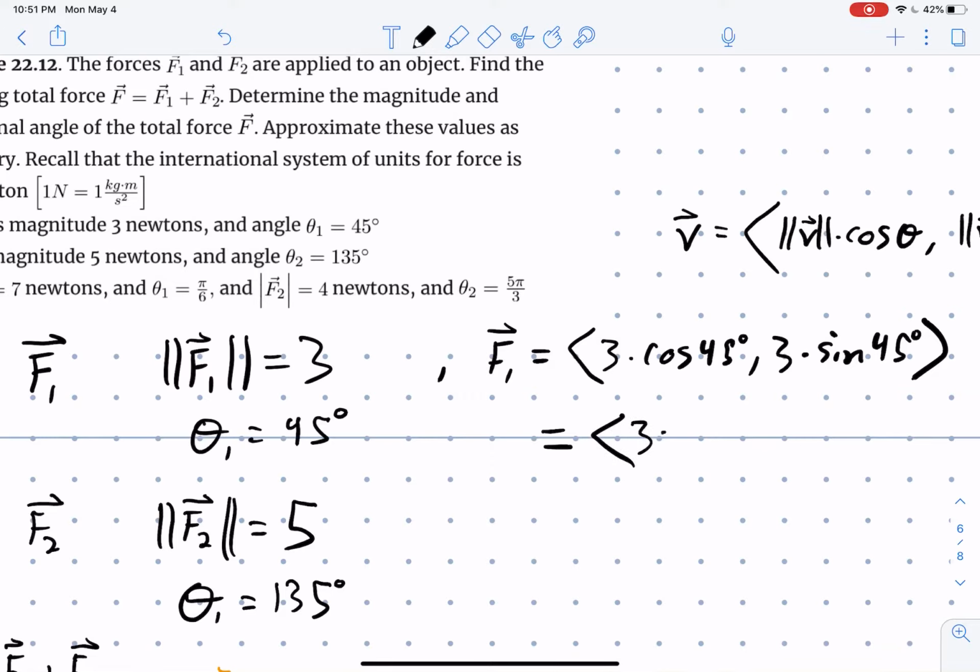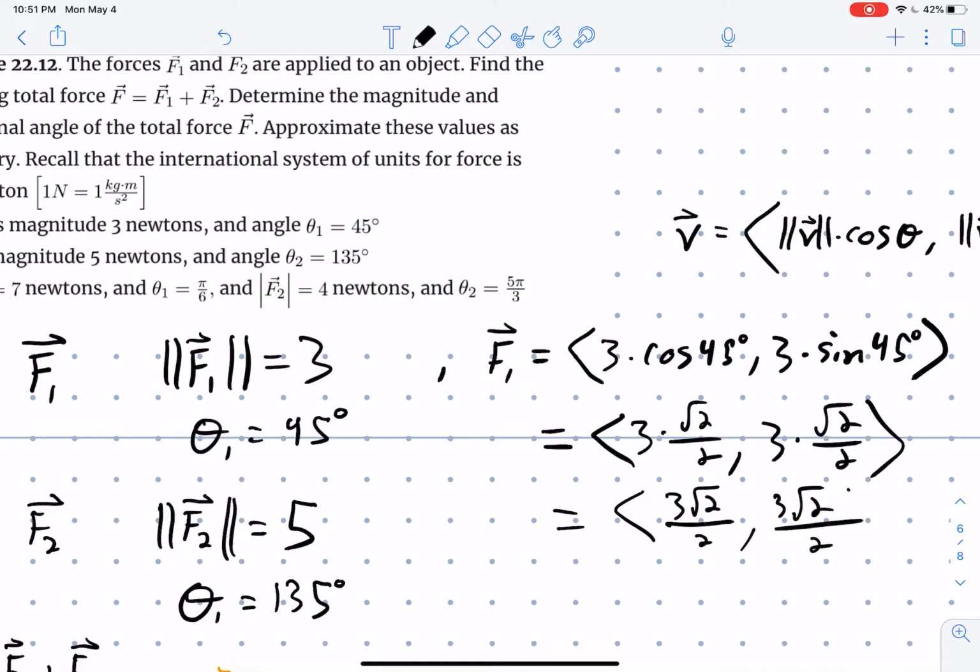So this is 3 times radical 2 over 2, comma 3 times radical 2 over 2. We can simplify that just a little bit by moving the 3 up to the top with the radical. Not too much else we can do there: 3 radical 2 over 2, comma 3 radical 2 over 2. So this is our formula for the components of f1.